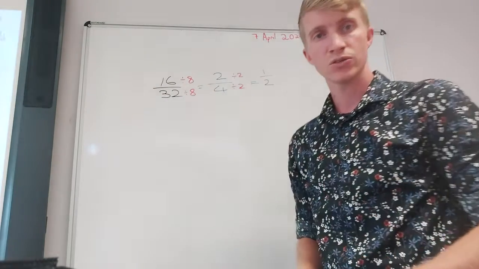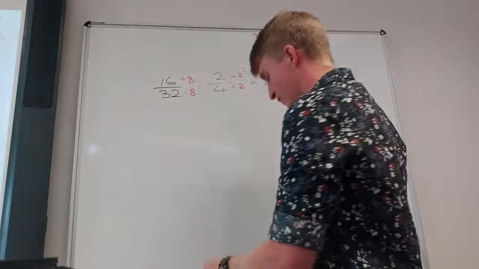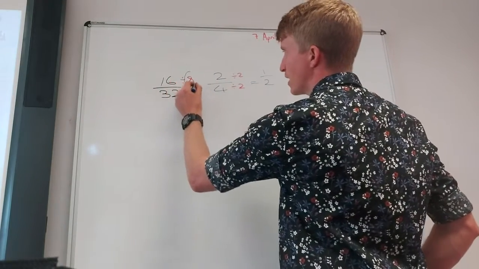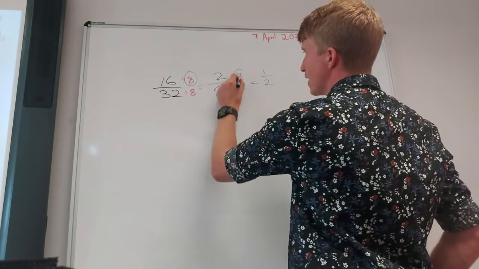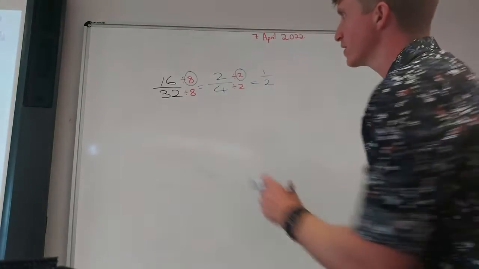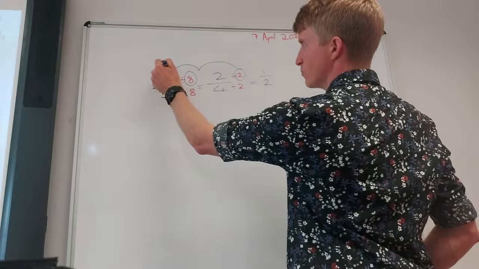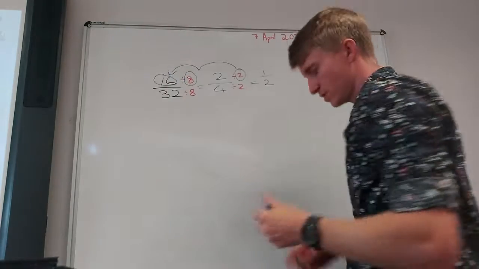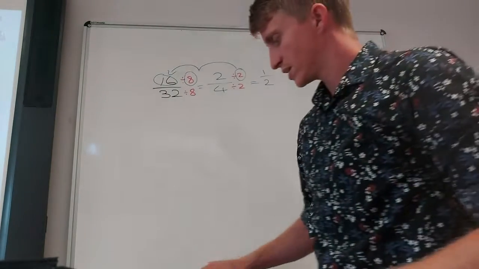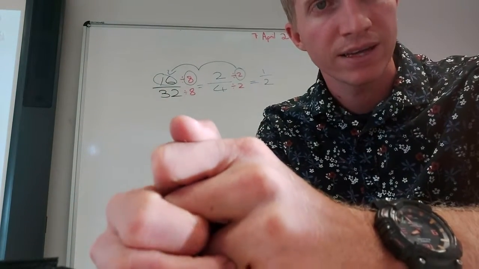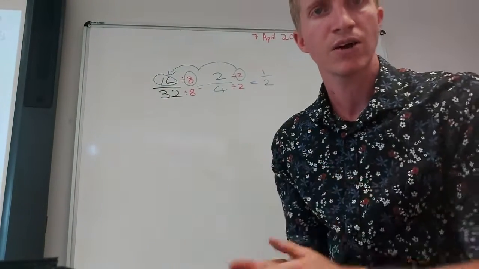That is also a way of doing it. If we've used 8 there, and we've used 2 there, if I multiply those two, it's going to give me 16. So that's how I know it's a factor of 32.